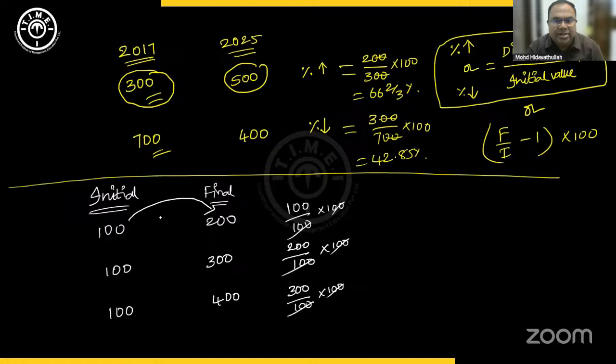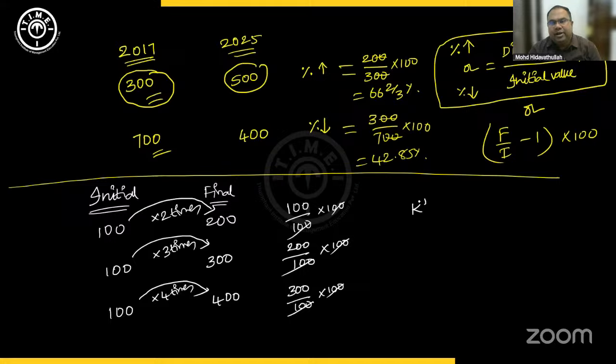Final value is 2 times the initial value, 100% increase. Final value is 3 times the initial value, 200% increase. Final value is 4 times the initial value, 300% increase. 7 times, 600%. 8 times, 700%. 9 times, 800%. If the final value is k times, then the percentage increase has to be (k minus 1) into 100%.